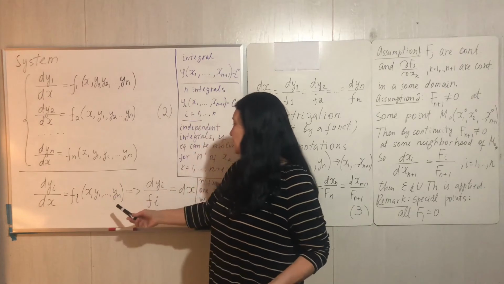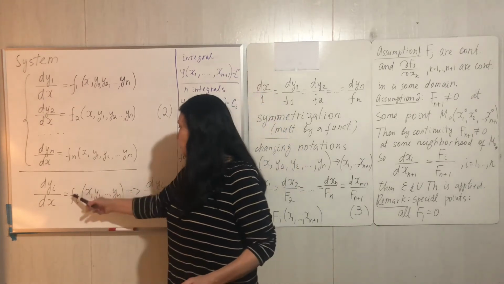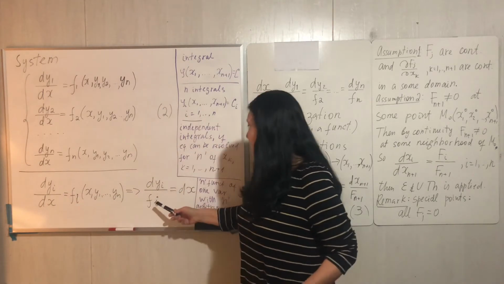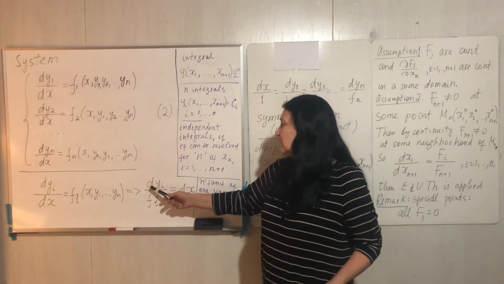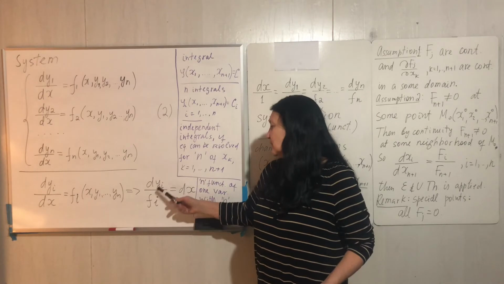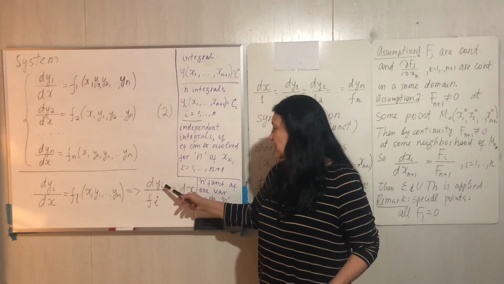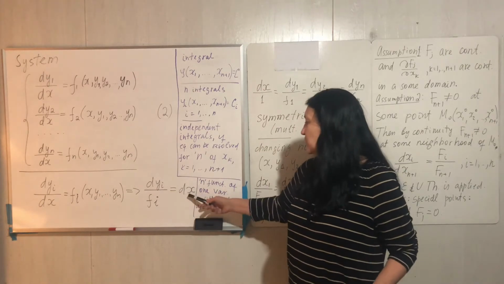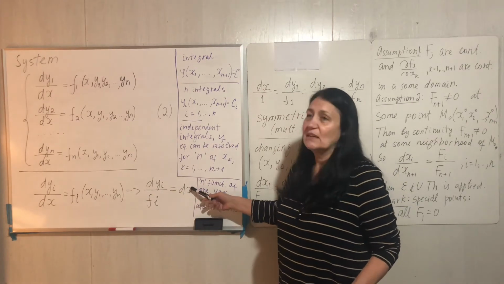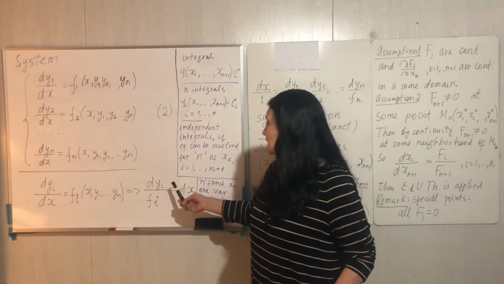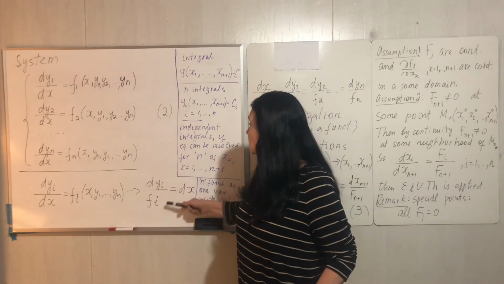But now if, for instance, we divide each equation by f and multiply by dx, right? Then we will have dy over f, and that would be for i, changing here, but every equation will have dx in the right hand side, the same dx. So we can then set them equal to each other.